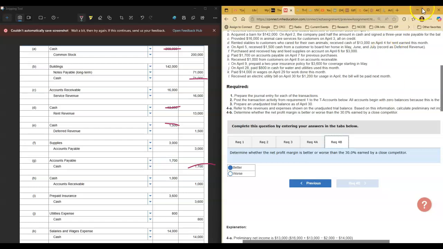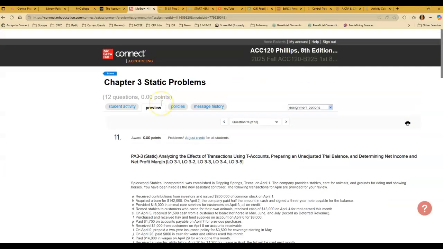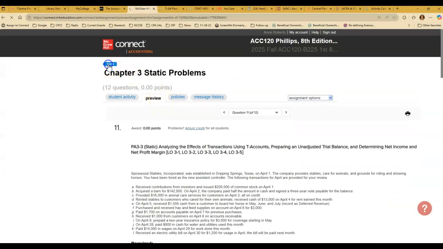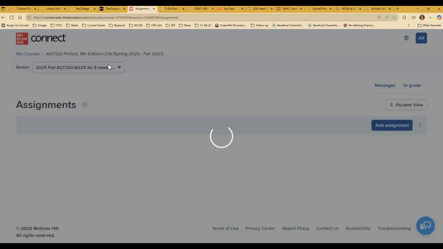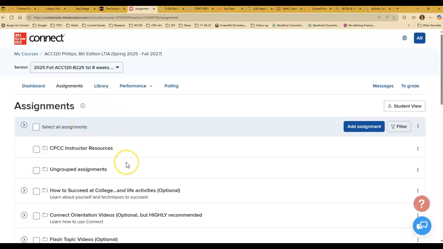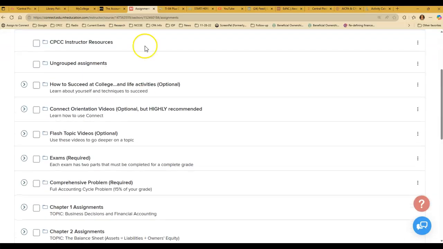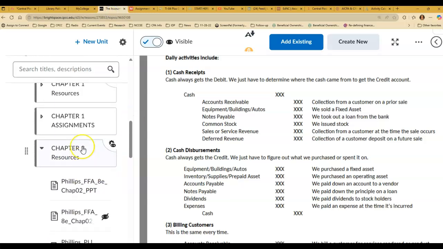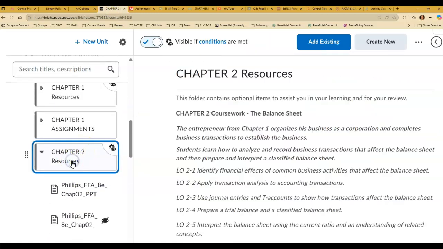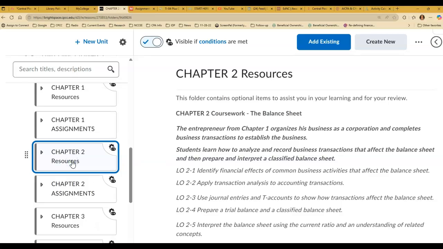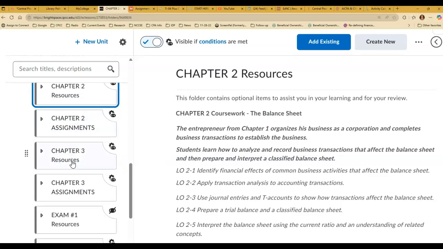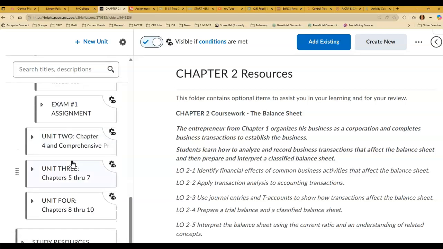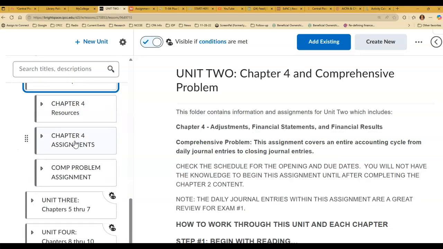All right. Let's open up a question. In Brightspace, because this is a pretty good little question for practicing for the exam, under Unit 2, right here.